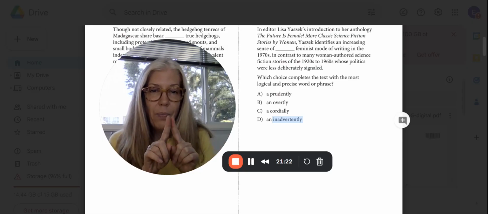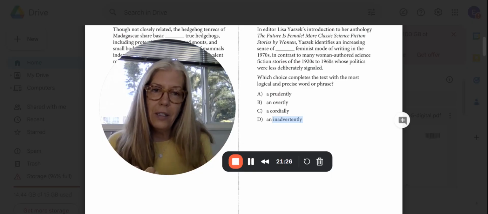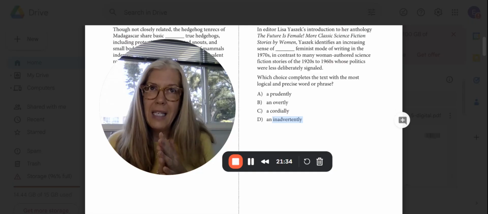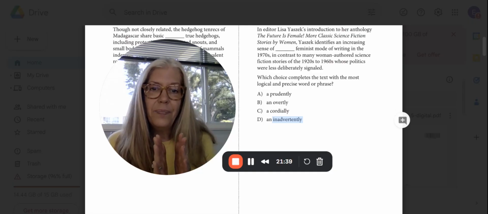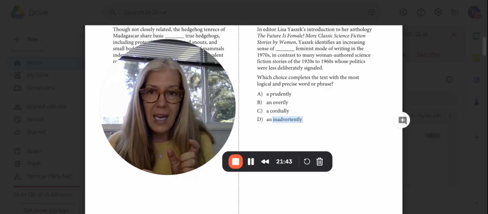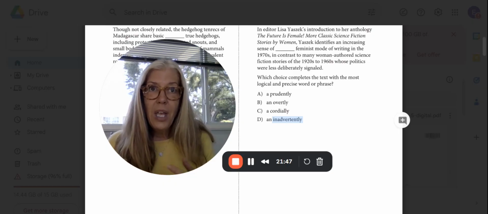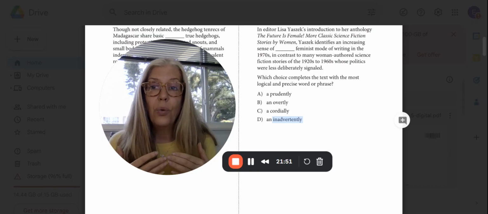If I get rid of the suffix, inadvertent, when I've heard of that, I think it means I did it by mistake or on accident. If I get rid of the in part, then I'm getting down to that root or base word, advertent.